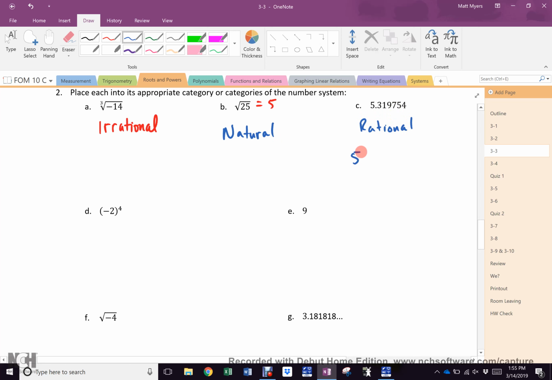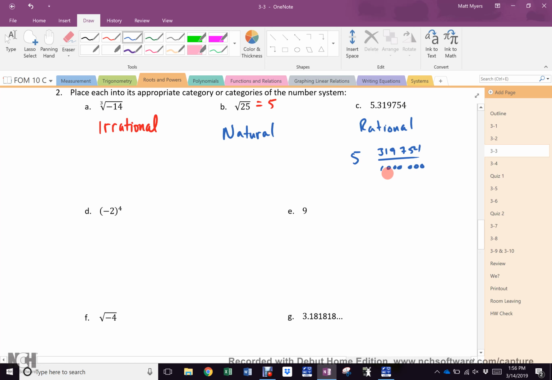This is 5 and 319,754 millionths. Because it ends. It is a lot of digits, but it's a very small number. It's about 5 1/3, so it'll be about 5.35, except we don't go that far down.